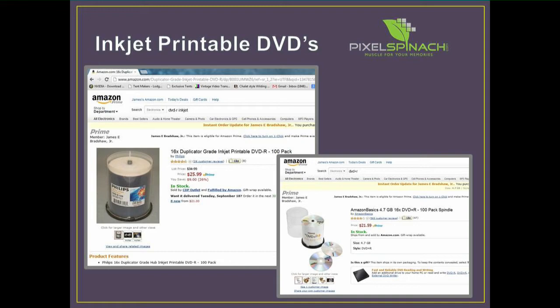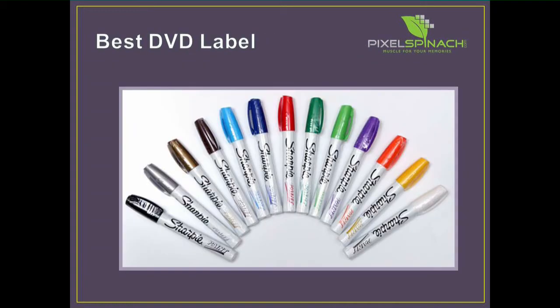I like to use the inkjet printable DVDs. Now, I have used inkjet printers before, even some of the fancier printers for DVDs. But my favorite way to label DVDs now is using markers. So you could take a black Sharpie, any colored Sharpie, and just write straight onto the cover of the DVD because it has that nice white inkjet printable cover.